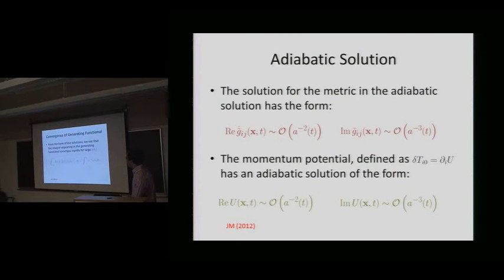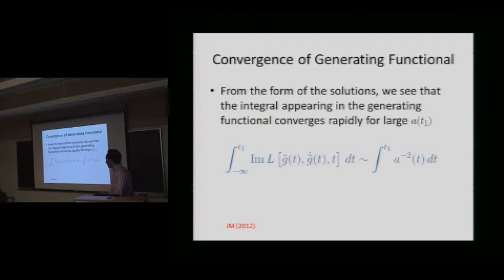In the end, the imaginary part of the Lagrangian, the integral which appears in the generating functional, scales as a to the minus 2 in the limit of large A. So what I've shown here is that the integral appearing in the generating functional approaches a T1 independent constant in the limit that A of T is large.